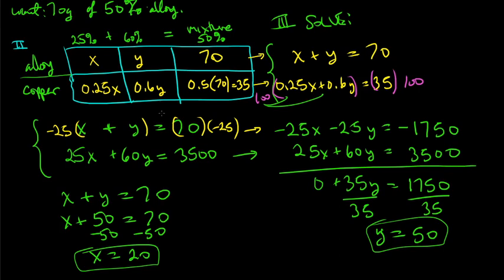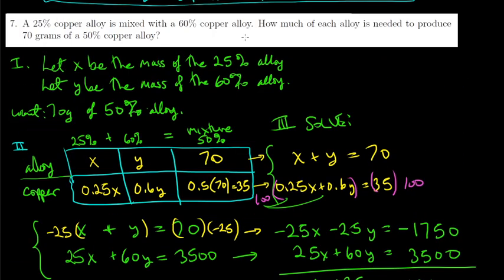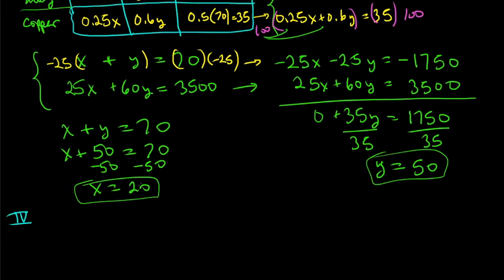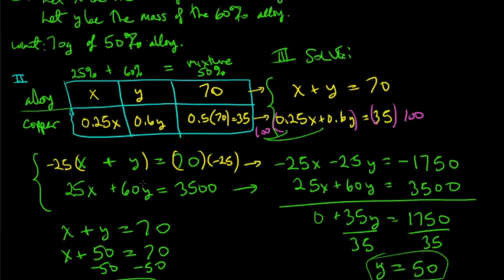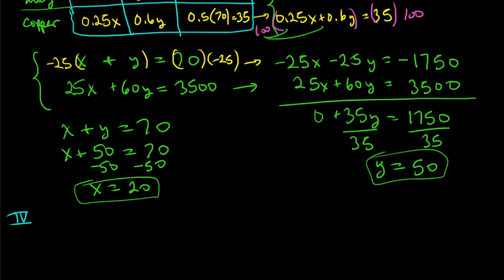Now we just answer the question. So part 4. The question was, find the amount of each alloy. And so we did that. There's 20 grams of the 25% alloy and 50 grams of the 60% alloy. So I'll just say the amount. I think I'll write it that way. The amount of the 25% alloy equals blank.